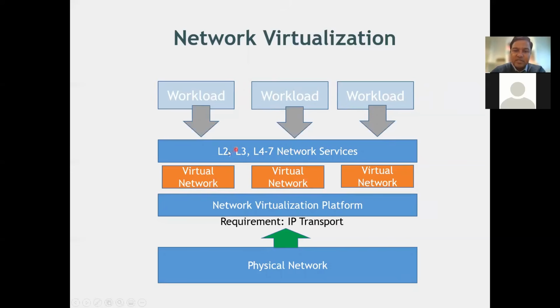A virtual network can be in different layers like L2, L3, L4 to L7. So in the OSI model, there are 7 layers. A virtual network can be created in many layers. Depending on which layer you are creating, the type of functionalities will be available, and then the workload will be on top of it.